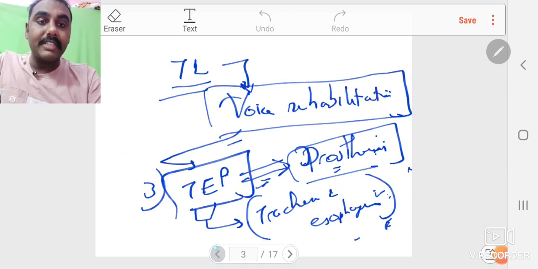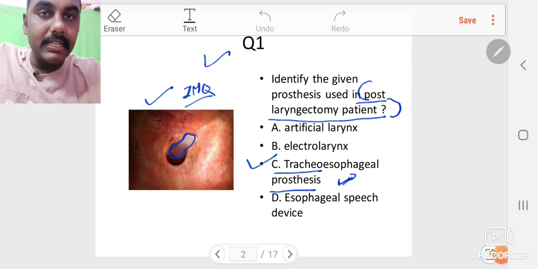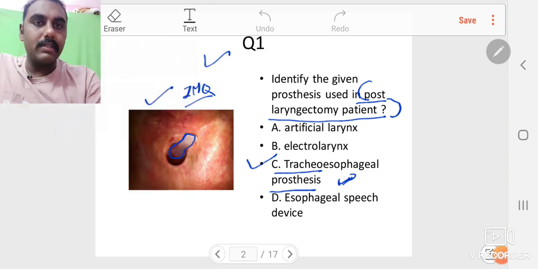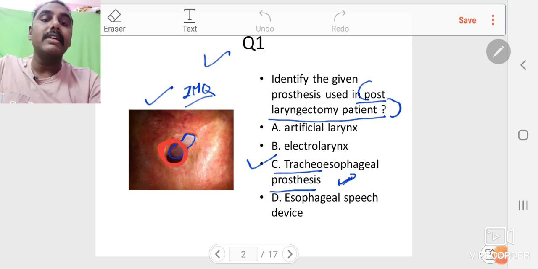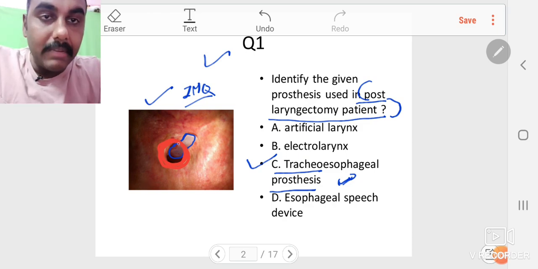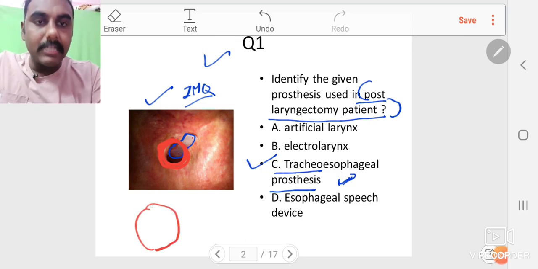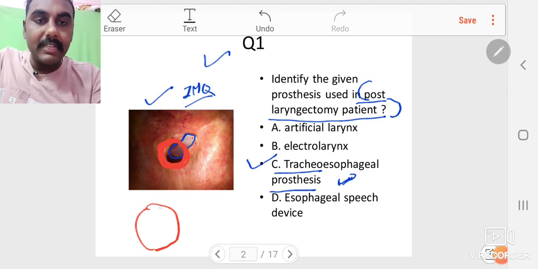Now coming on to the picture, here I could see a permanent end stoma tracheostomy, there is a complete gap, and in between the gap there is a white prosthesis attached. Usually this tracheoesophageal prosthesis will not completely close the tracheostomy site; it will be sitting at one superior end.